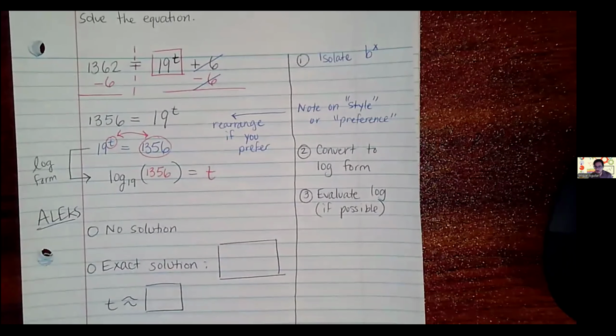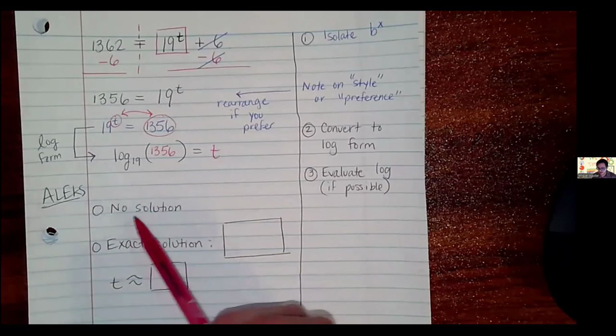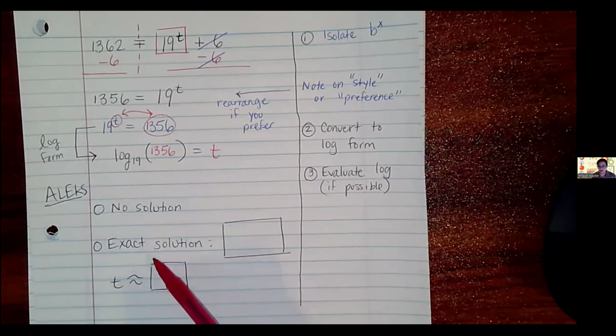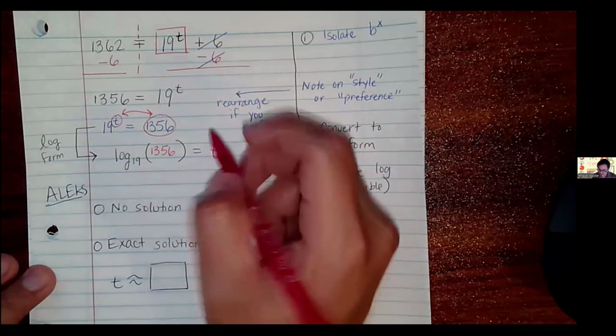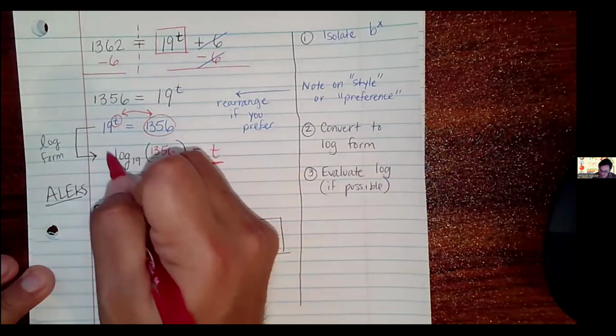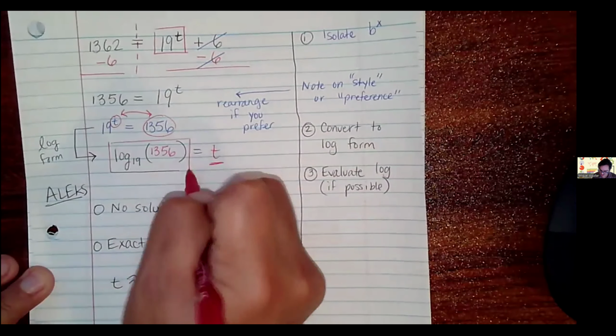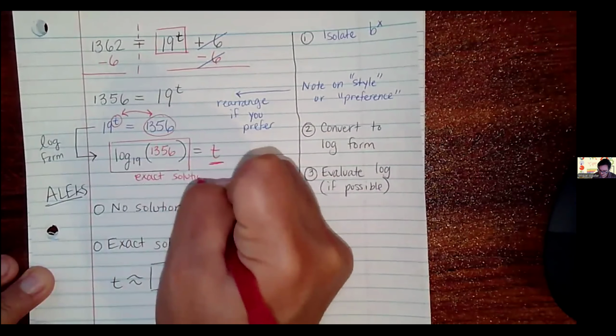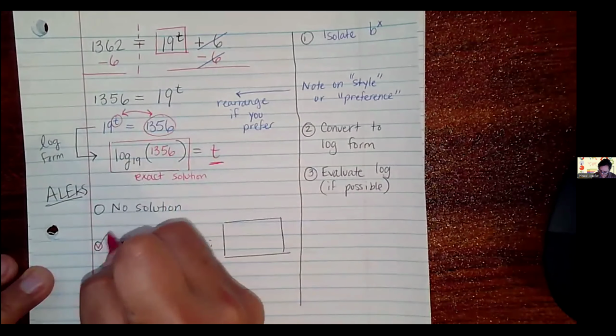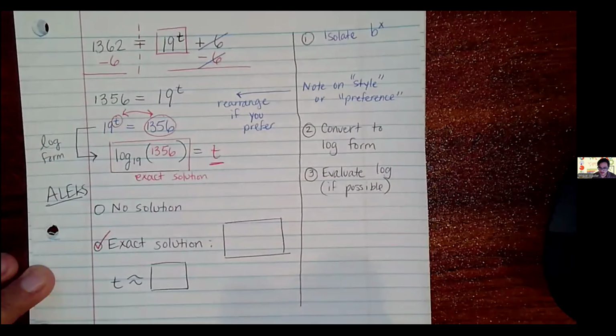So what you have to understand is either this problem has no solution or it has an exact solution. But what we found is that this has an exact solution because we have t is equal to this thing. So this is our exact solution. I'm going to say, yep, we have an exact solution.